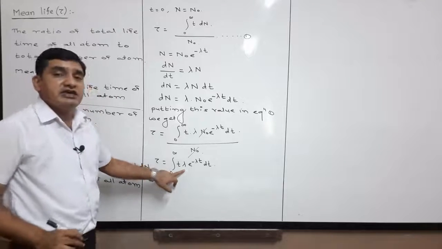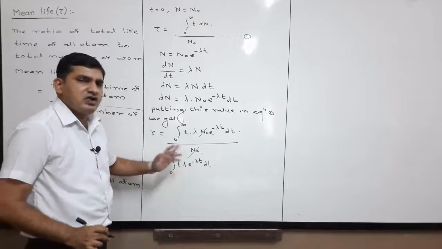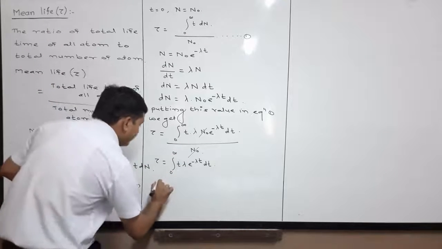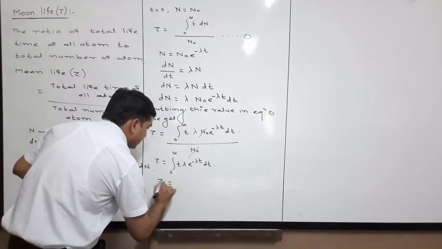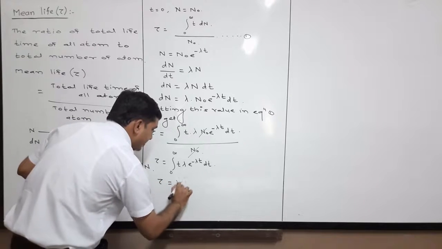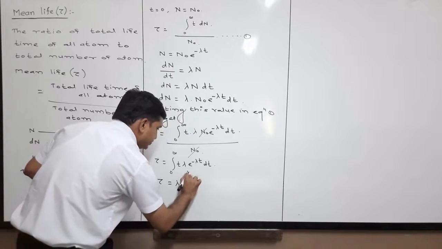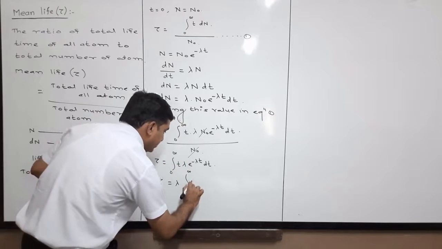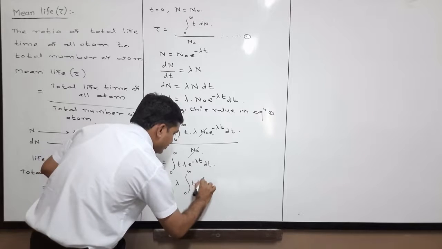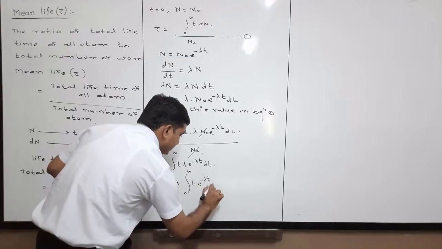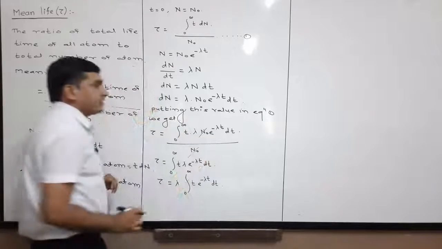Here the disintegration constant lambda is a constant, and therefore taking it out of the integration we get tau is equal to lambda into the integration from 0 to infinity of t e raised to minus lambda t dt.